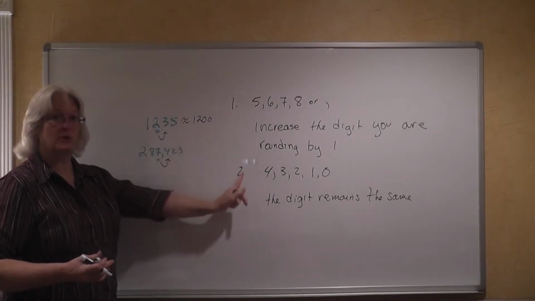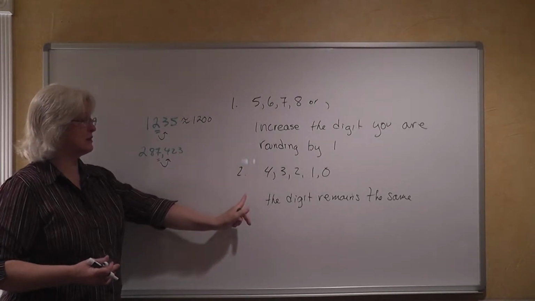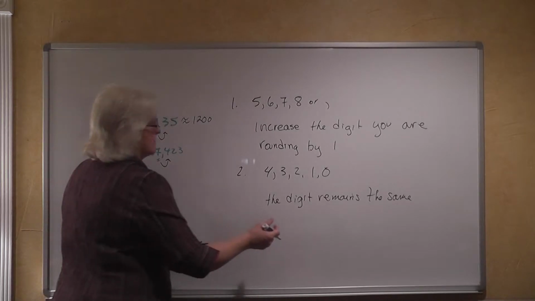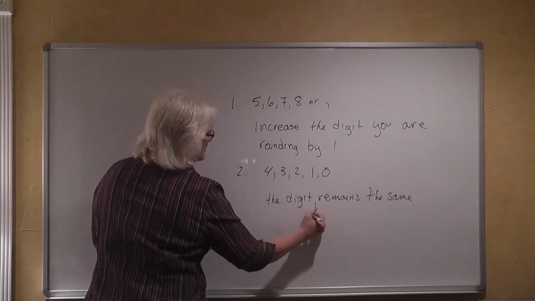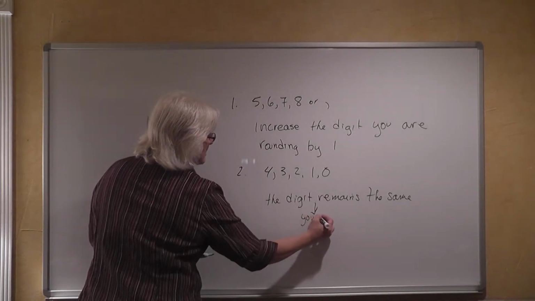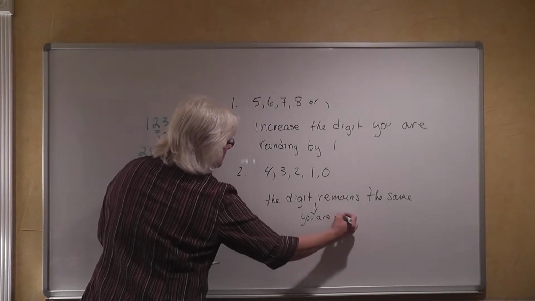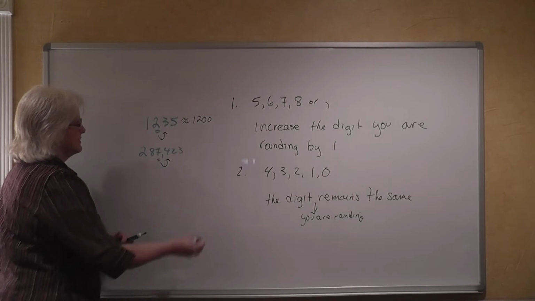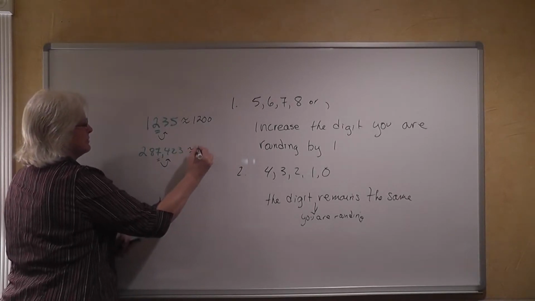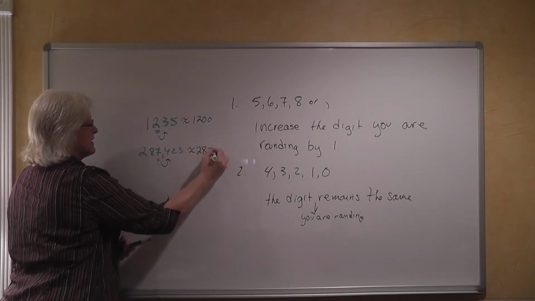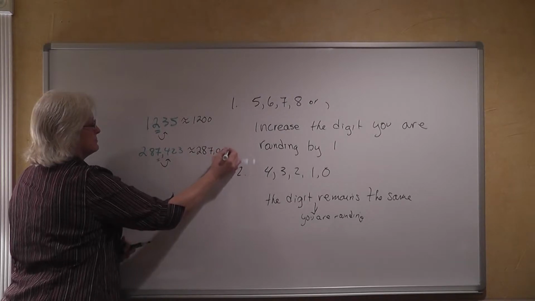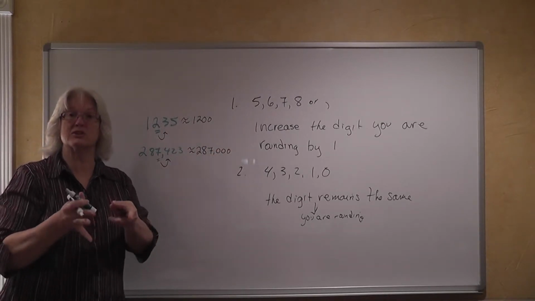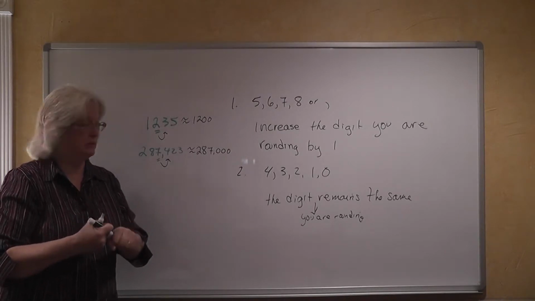Which one of these are we going to use? We're going to use the second rule. The digit that you are rounding remains the same. So that's approximately equal to 287,000. This little squiggly thing here means it's approximately equal to.